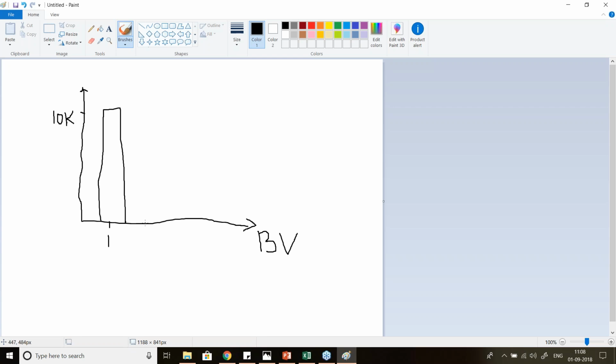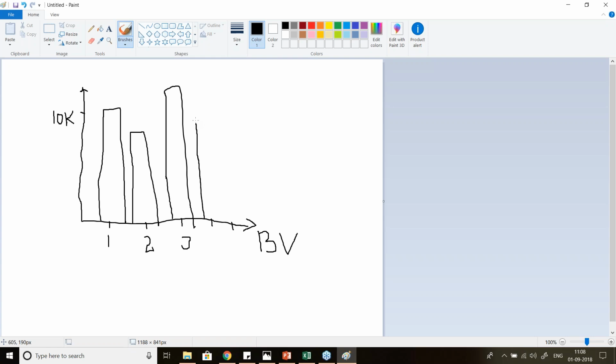Then I'll count all the instances where there were two lots on the bid. So probably it was something less. Then I'll check for 3, and 3 will be say probably more. So I'll basically build a distribution of all the volumes on the bid side only. It will look something like this.